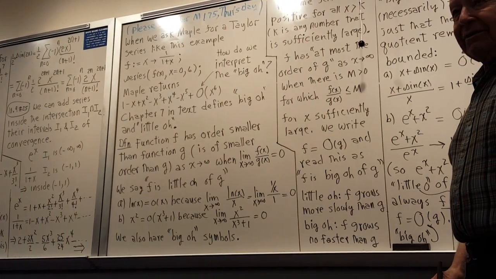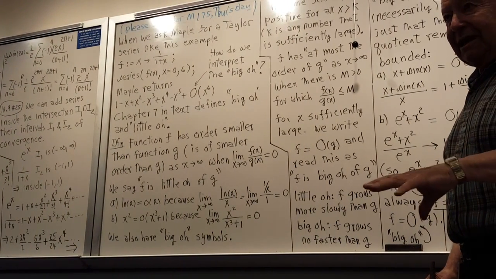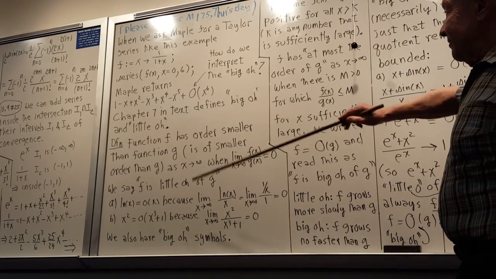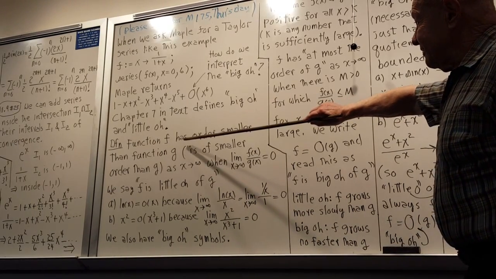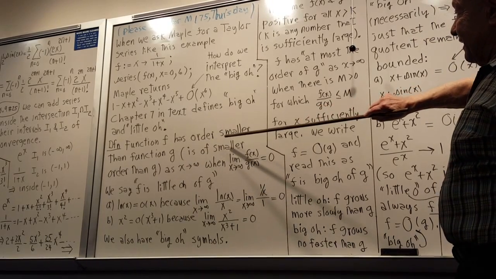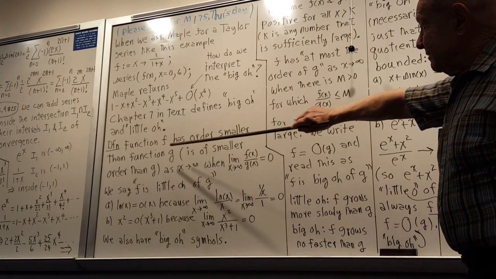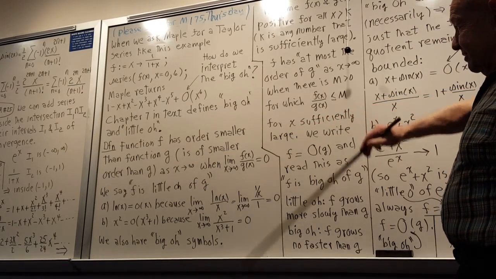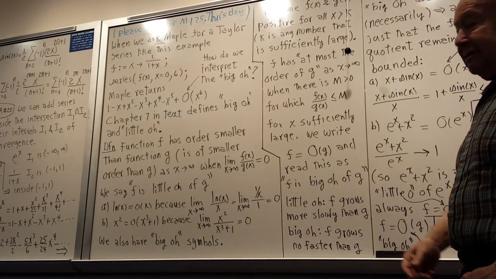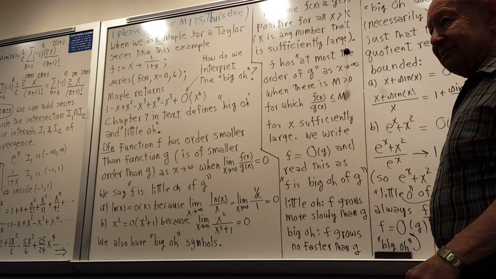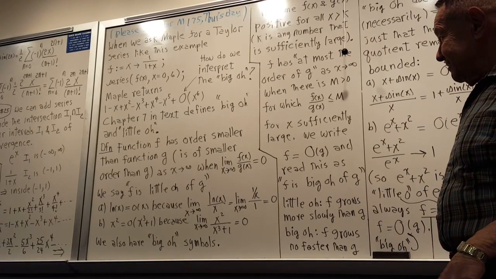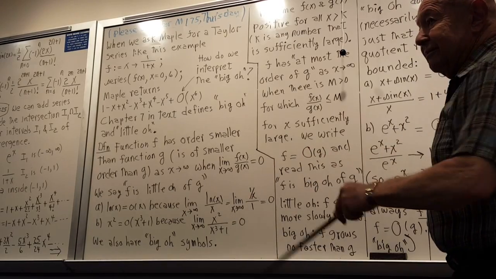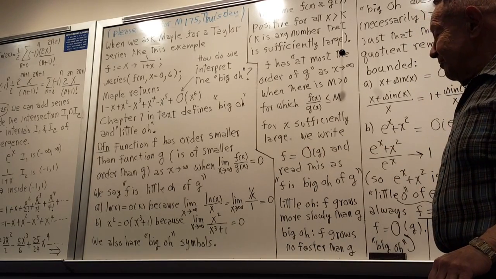If you look at how they're printed in the book, you can see how big O looks and how little o looks in print. So, definition then: a function f has order smaller than function g, or is of smaller order than g, any way you want to say it, as x becomes infinite when the limit of the quotient is 0.